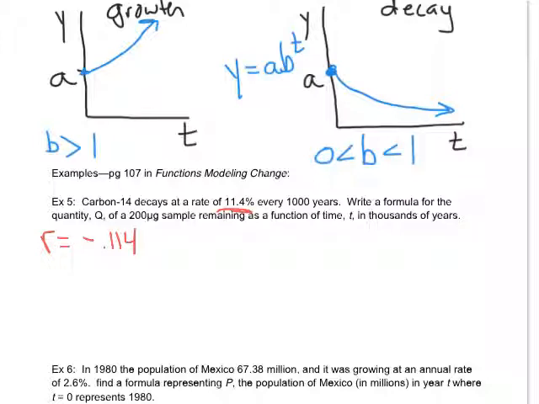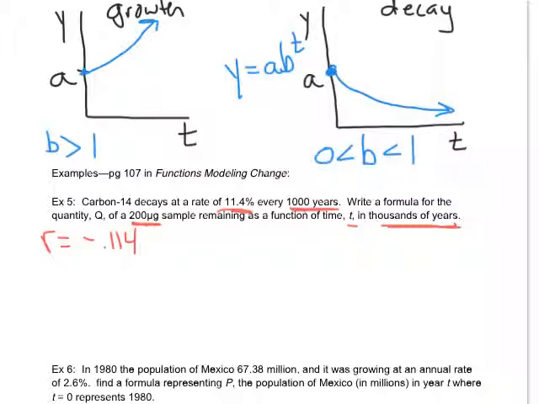We want to write a formula for the quantity of a 200 microgram sample remaining as a function of time in thousands of years. So this is thousands of years, this is thousands of years. We don't have to do anything to convert one to the other. They are consistent. So the quantity Q, when you look at this example, think about what this would represent.